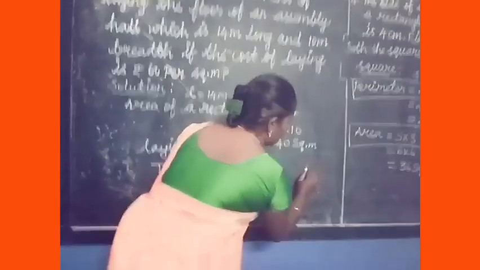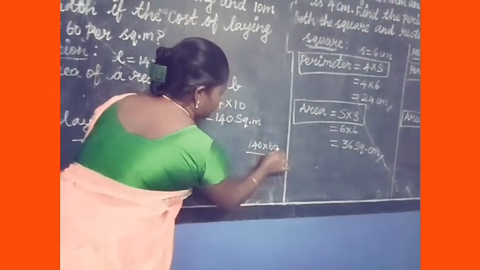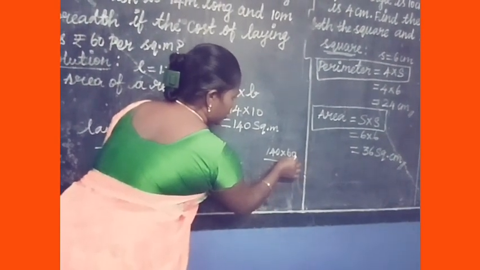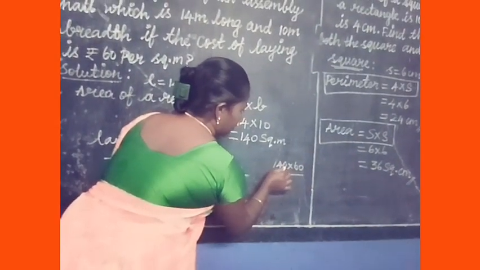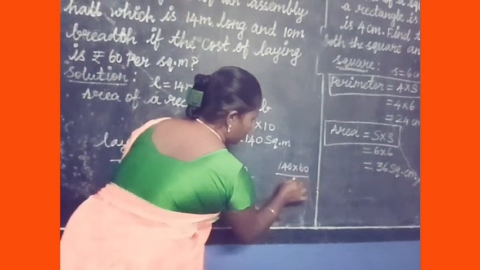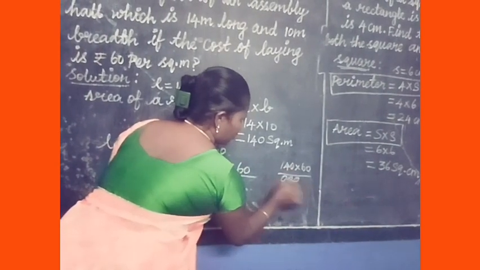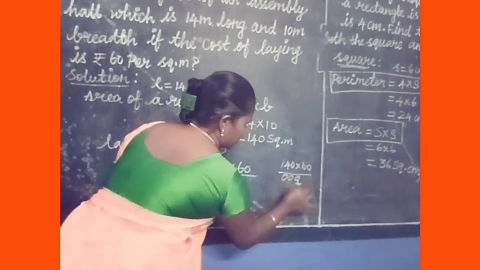Now multiply the value 140 into 60. First we have to multiply 0. 0 you multiply with any number means get 0. So 0 into 0, 0. 0 into 4, 0. 0 into 1, 0. Next put plus symbol in the first digit.